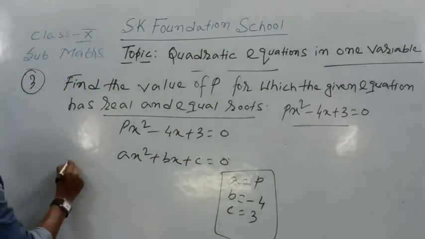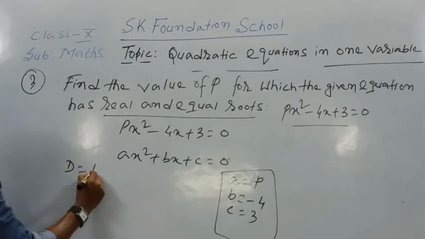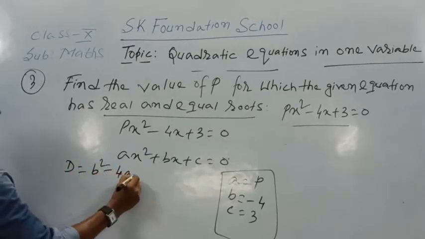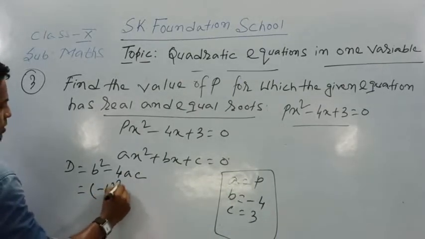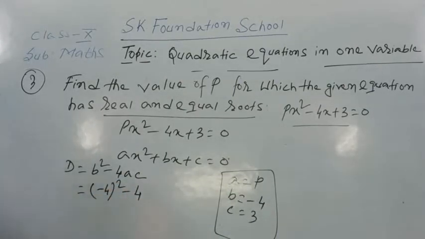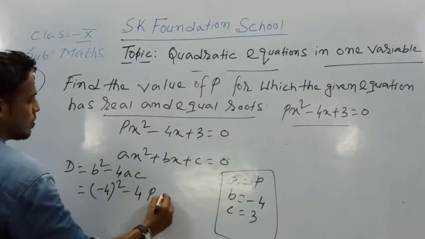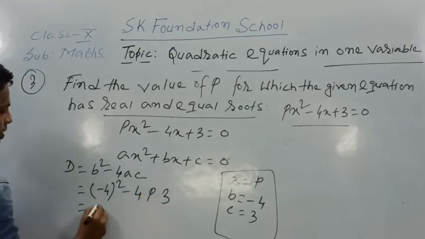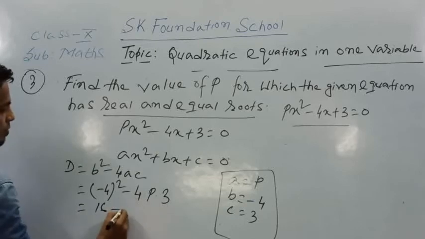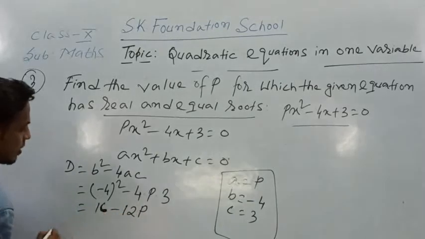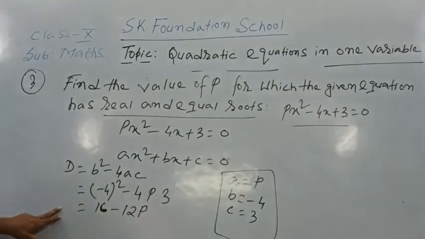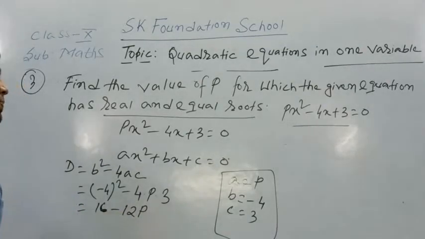So first we find the value of D, b square minus 4ac. So minus 4 whole square, minus 4 into p into 3. This one is 16, 4 threes are 12. So D equals 16 minus 12p.